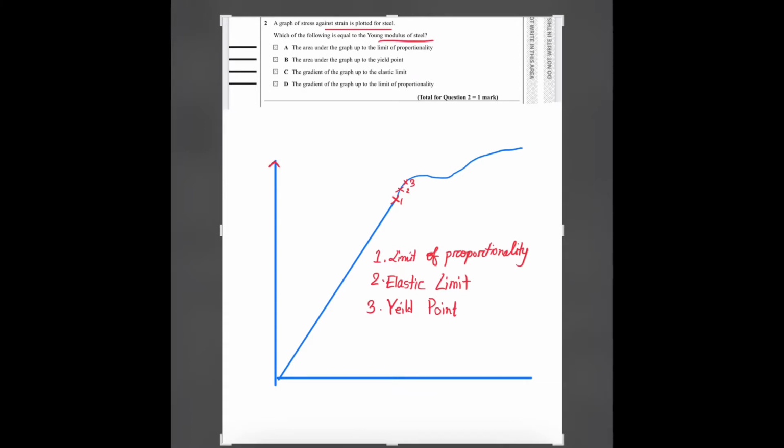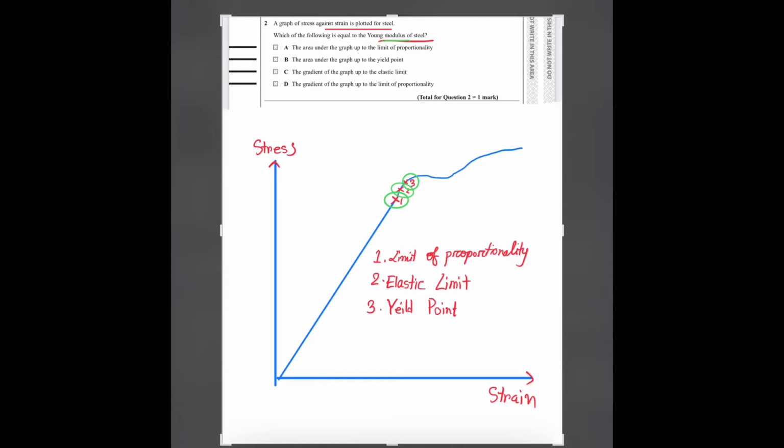So in the y-axis we would have stress, and in the x-axis we would have strain in this direction, and this is the limit of proportionality, this is the elastic limit, and this is the yield point. So which of the following is equal to the Young modulus of steel?